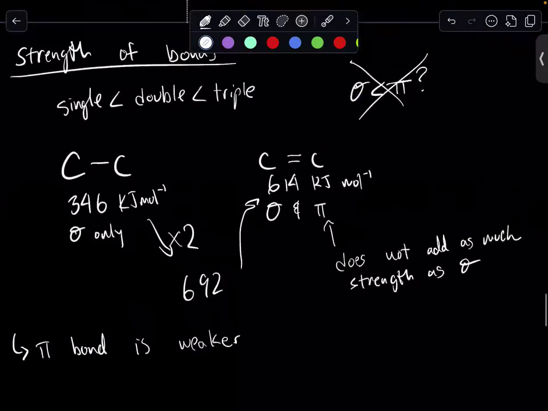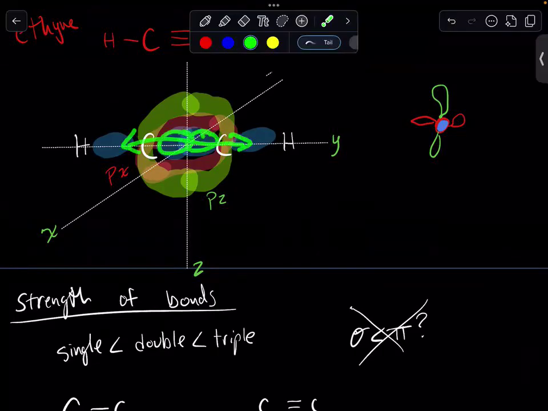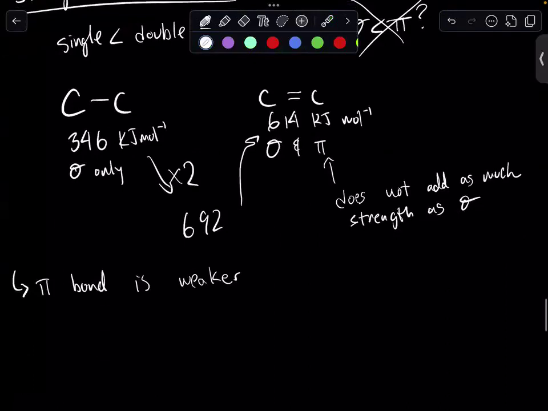And we can start looking at our actual shape to understand why it might be weaker than the sigma bond. If we look at the area of overlap, it is on the plane, the internuclear axis, it's on the bond axis. So our electrons in the sigma bond are much closer to the nuclei and therefore feel a stronger attractive force.